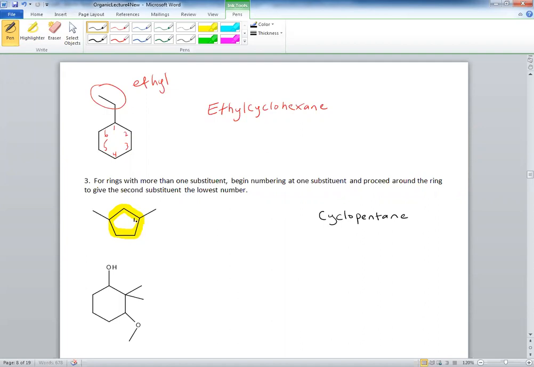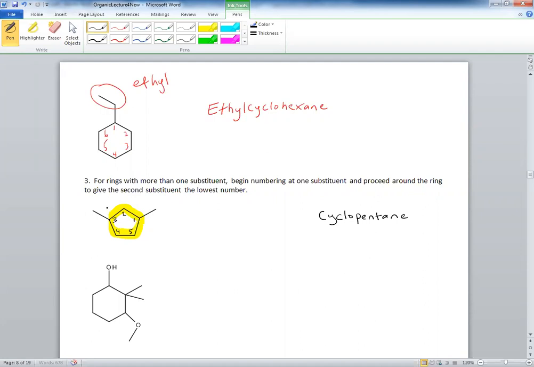But where you start is important, and where you go next. If you go down here, you will give this next methyl a 4. But if you go up, counterclockwise, you will give it a 3. Clockwise, you would get a 4. So this is how you should number it, lower numbers.